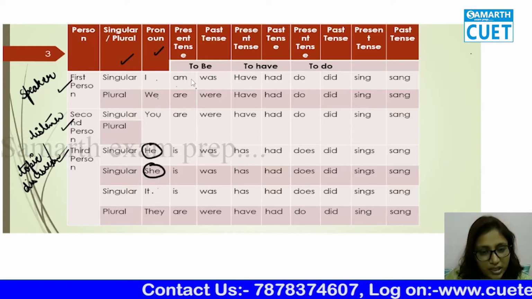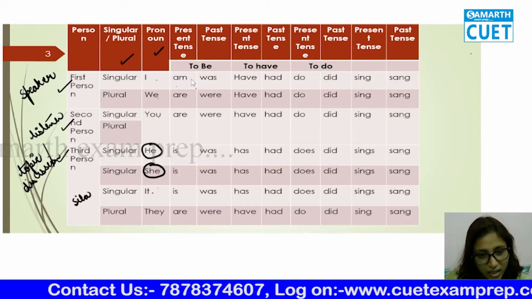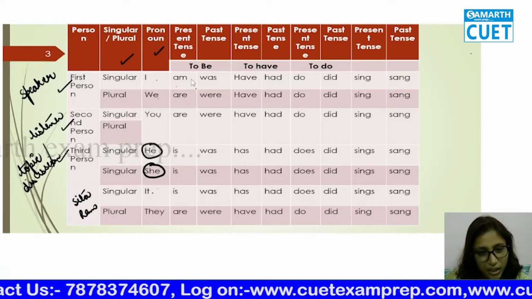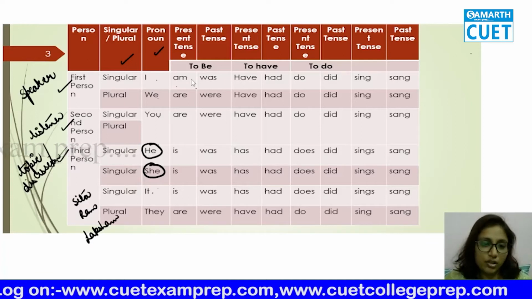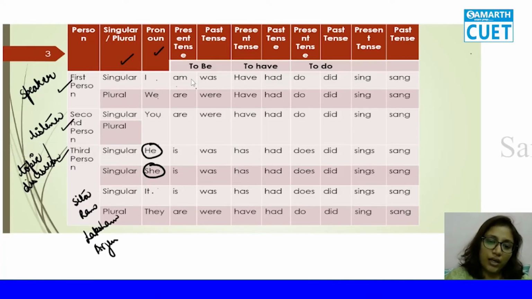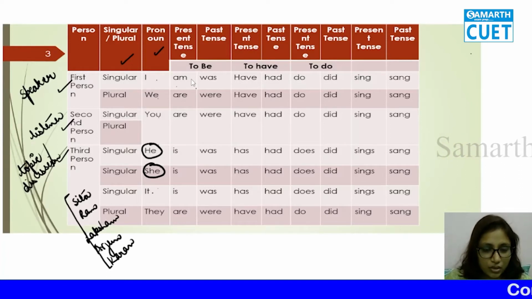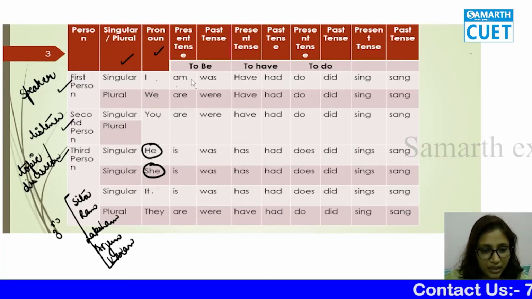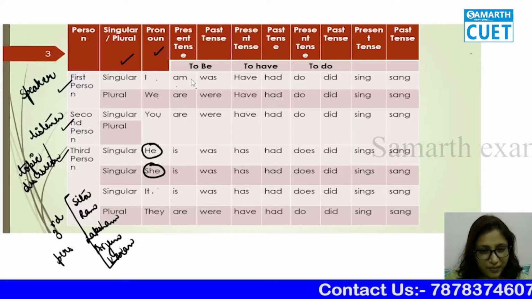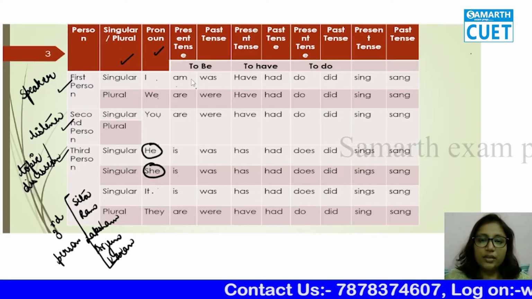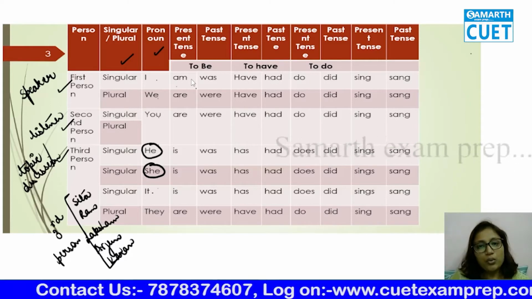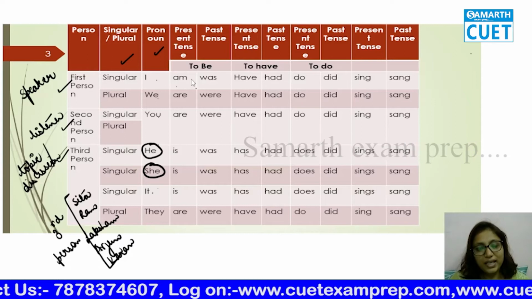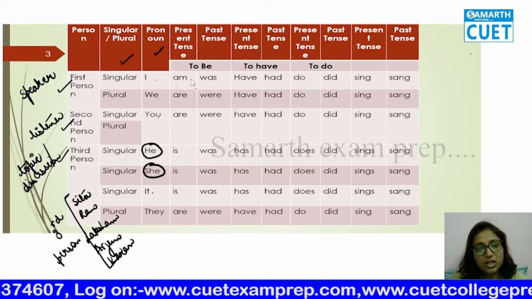We can also use the names of persons like Sita, Ram, Lakshman, or anything from Ramayana, Mahabharata, Arjun, Karan, any name basically. All these are also going to come under third person. Understandable?